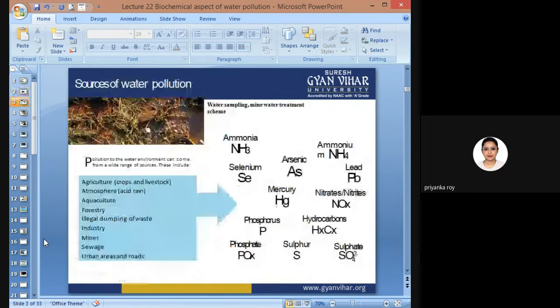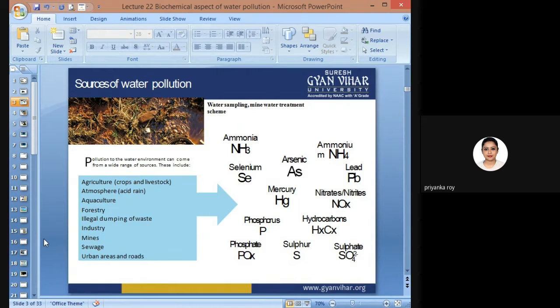Okay, so when we are talking of the sources of pollution, we need to understand, like in sampling and water treatment schemes, what the sources are that will be affected by various pollutants. So the sources could be agriculture, atmospheric, aquaculture, forestry, illegal pumping of water, industries, mining, sewage, urban waste, and road runoff.